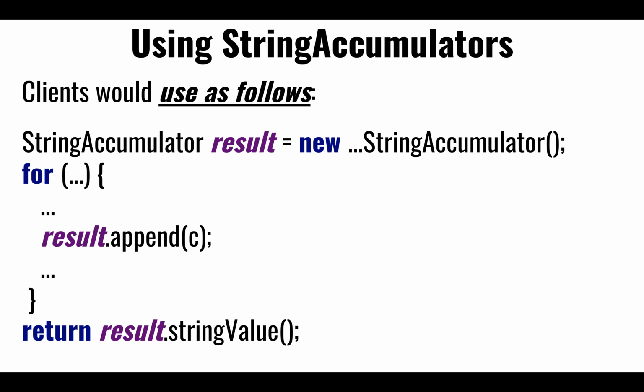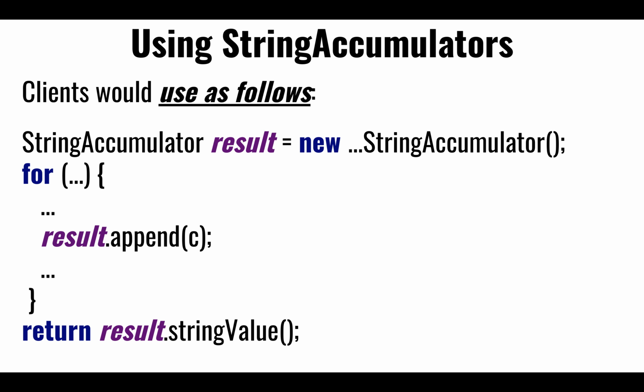So someone who might want to use this interface might do something like this. They would instantiate a particular accumulator. Well, this makes no sense, because the string accumulator is an interface, not a class. So we would be instantiating some class that implements this interface.